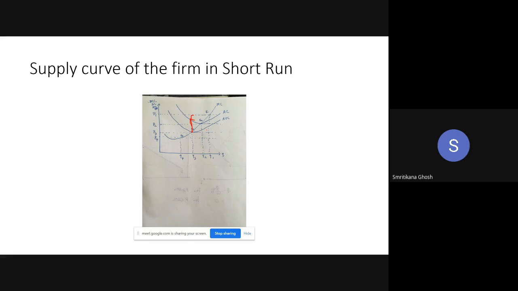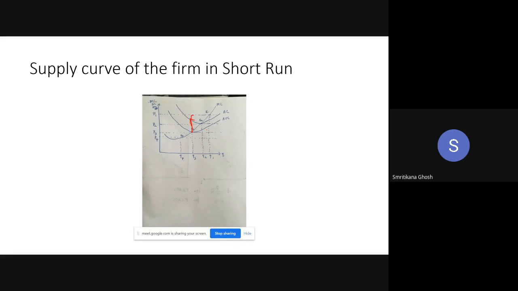If you are making your production level 0, then your total income is 0. Fine. Your total variable cost expenditure is also 0, because variable cost depends on your production level. When your production is 0, variable cost is also 0.